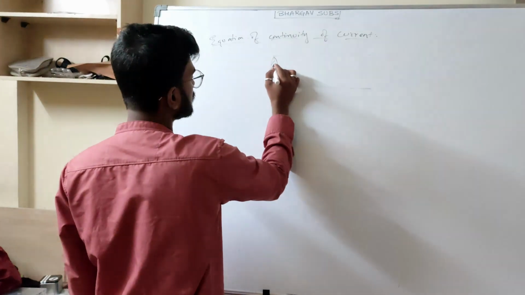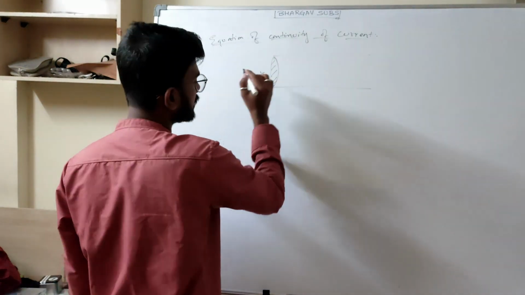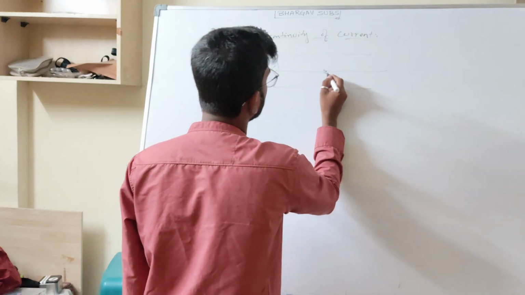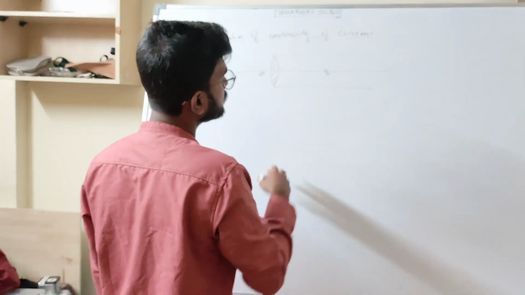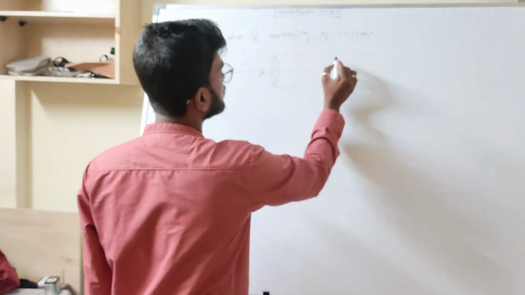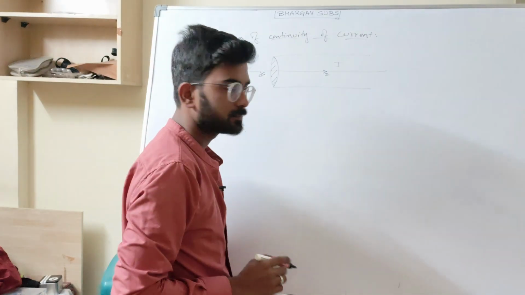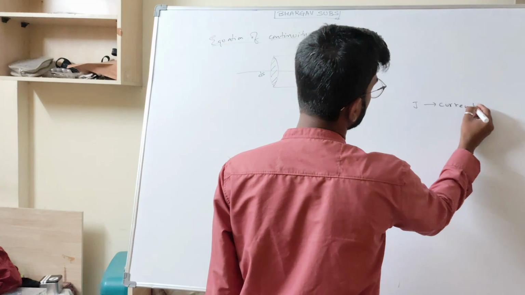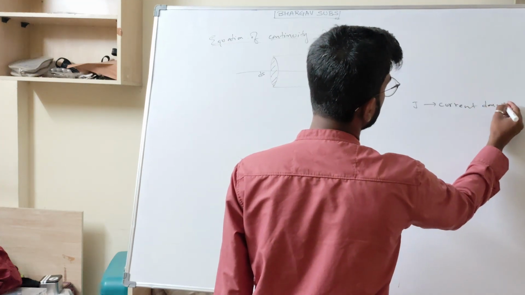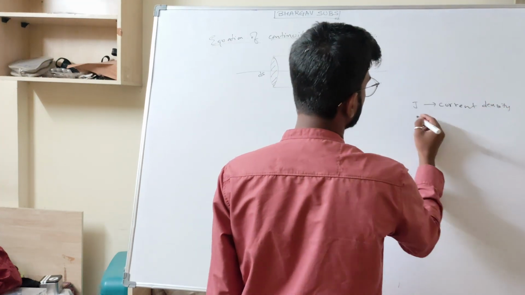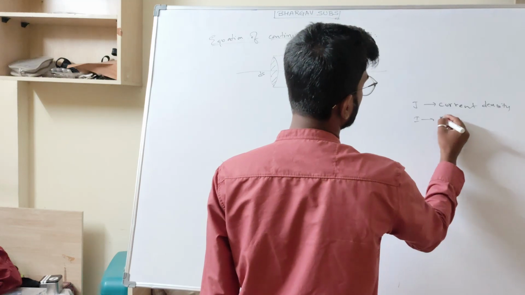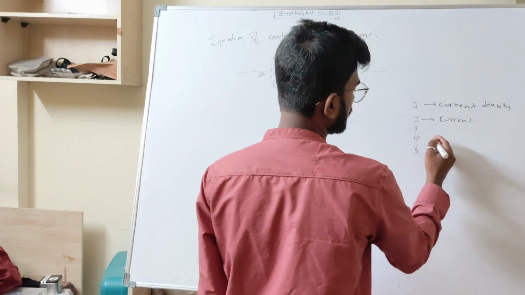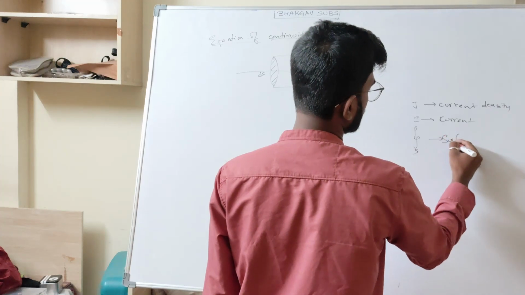So this was the surface, ds. Now a current I was flowing, and there is a current density J. So J represents current density, I represents current. What does this represent?